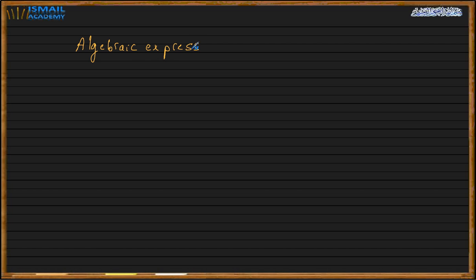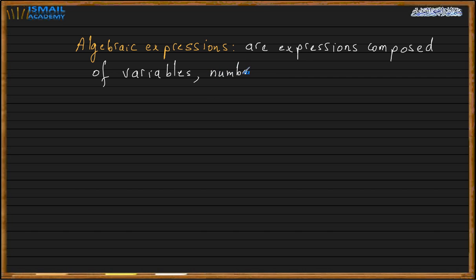Our expressions are composed of variables, and I hope everyone knows what a variable is, numbers, and operators, which means addition, subtraction, multiplication, and division. So this is about algebraic expressions.